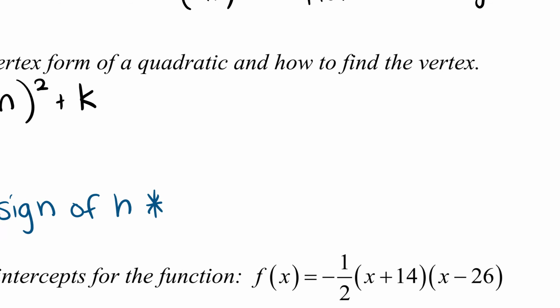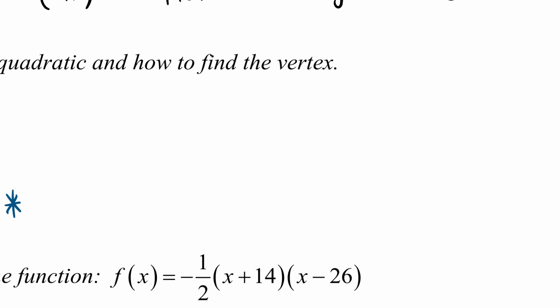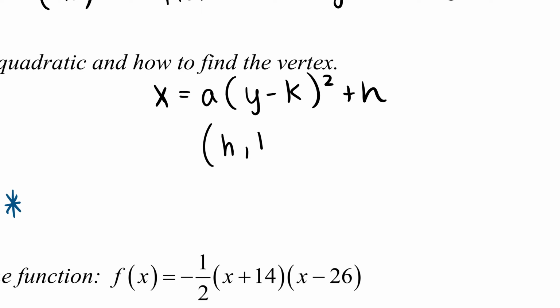But I'll go ahead and put the other one just because it is a parabola. It's not technically a quadratic function, but we still need it, or it can still be helpful on the test. So I'll go ahead and give it to you here. Now we switch it: x = a(y - k)^2 + h. And if I had that parabola, my vertex would still be (h, k), except now I'm going to change the sign of k.